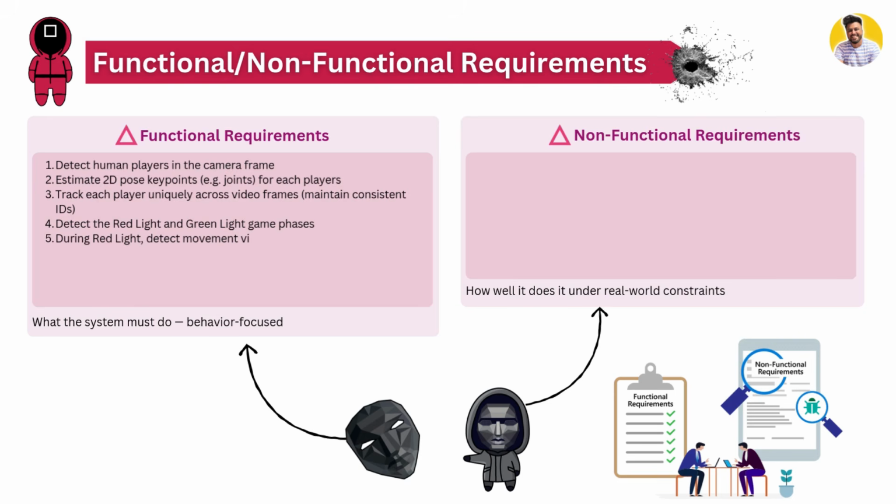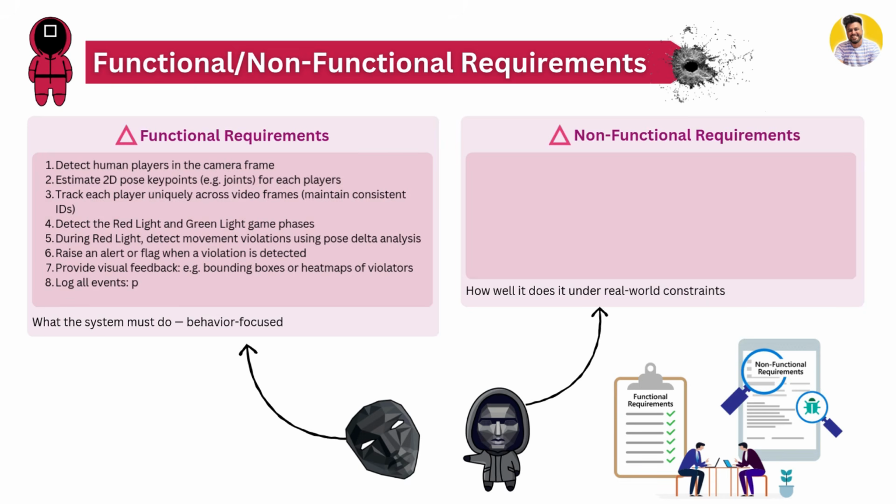During the red light, detect the movement violations using pose delta analysis, raise an alert or flag if the person moves during the red light, provide visual feedback like bounding boxes as well, and log all the events like player IDs, timestamp, movement and decisions as well, and support a configurable movement threshold and pose smoothing, and handle multiple players around the field as well.